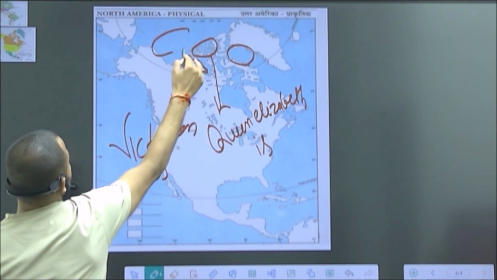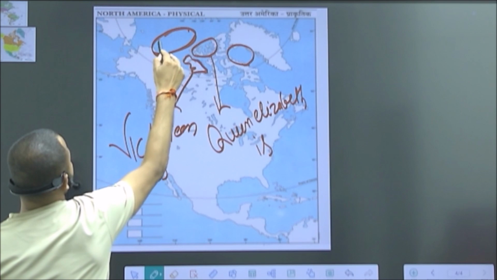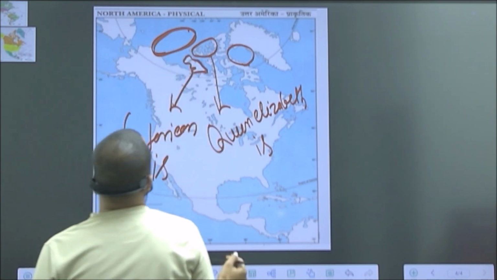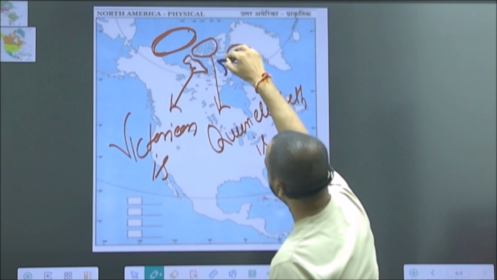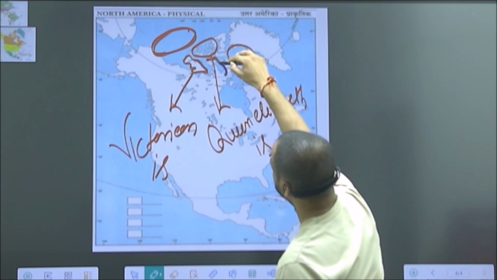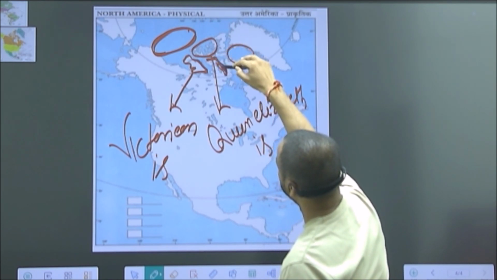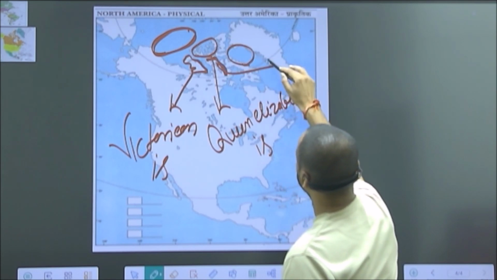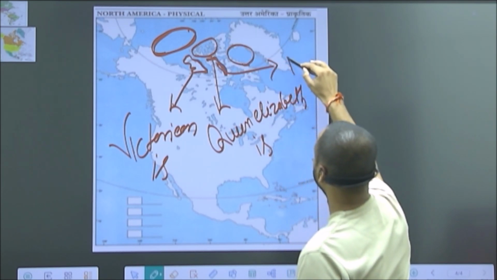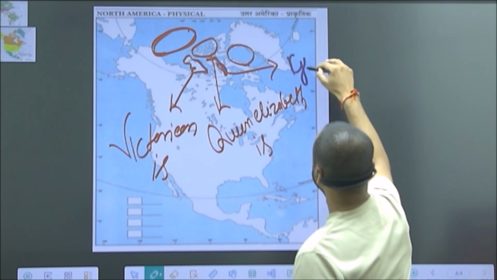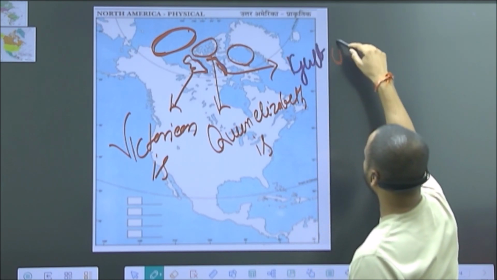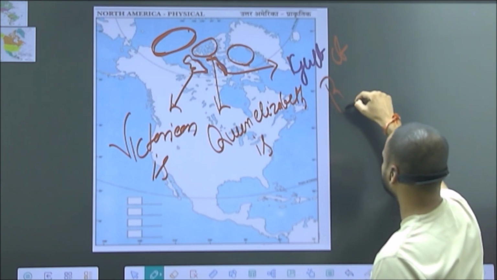Also, I have discussed it is Beaufort Sea. Here you can see the water surface, here called Gulf of Boothia.